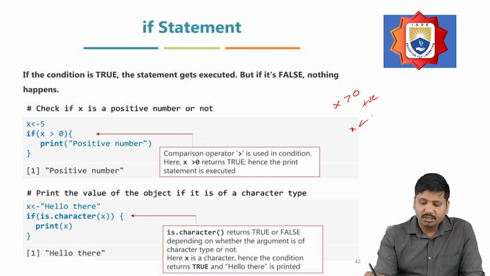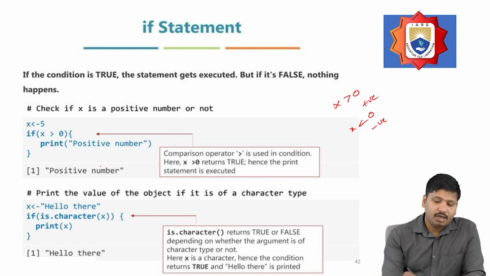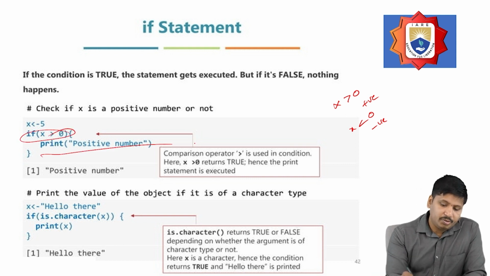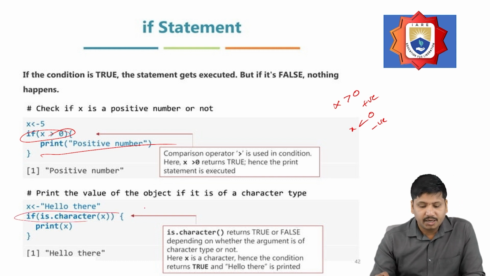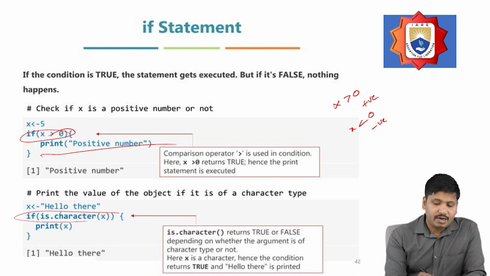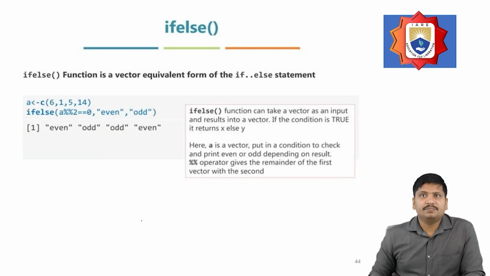If the value is less than 0, it is negative. So for x equal to 5, I can write: if x is greater than 0, print positive number. I can also check a character object, using the is.character function. So if is.character of x is true, then we print the value of x.